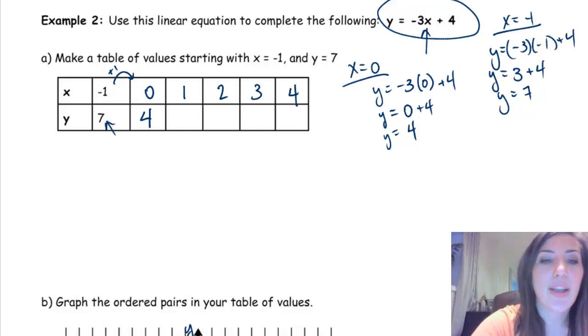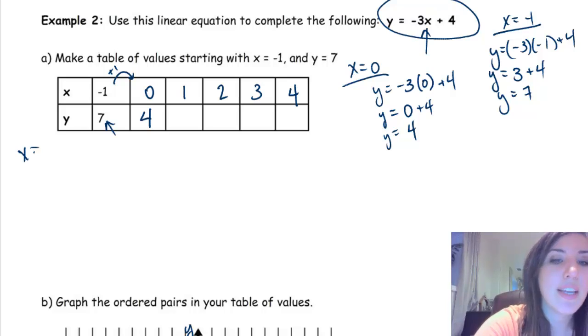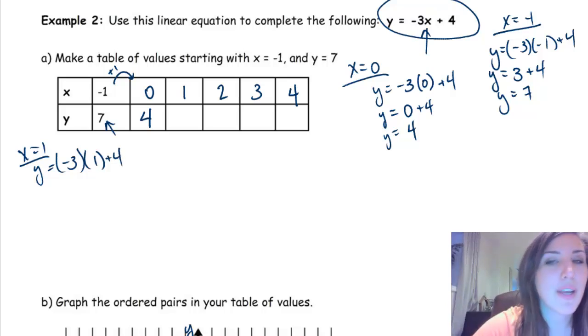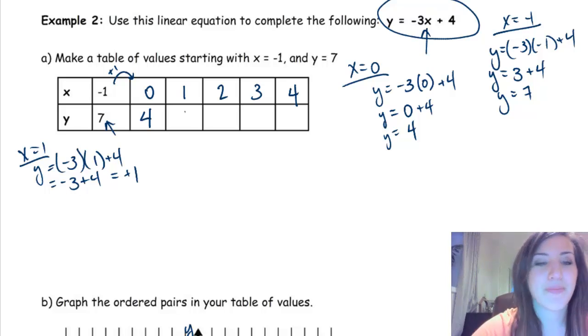Now let's do the next one. If x equals 1, then y equals -3 times 1 plus 4, because we're just plugging in the x values every time. We get -3 plus 4, so y equals +1.